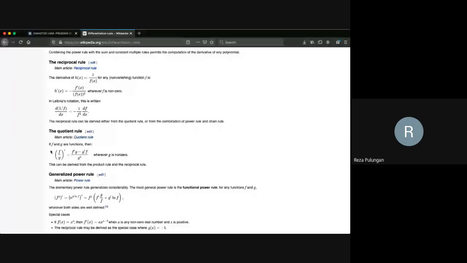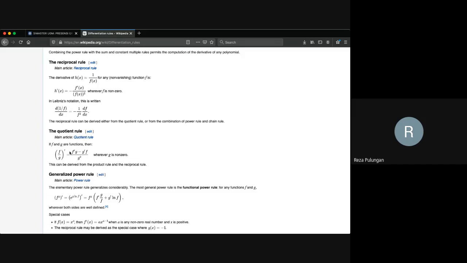Look at this one. The derivative of f divided by g is the derivative of f multiplied by g minus the derivative of g multiplied by f, divided by g to the power of 2. I just have to remember this one.